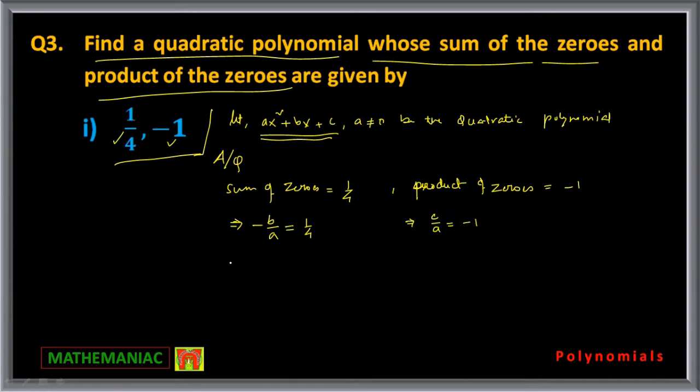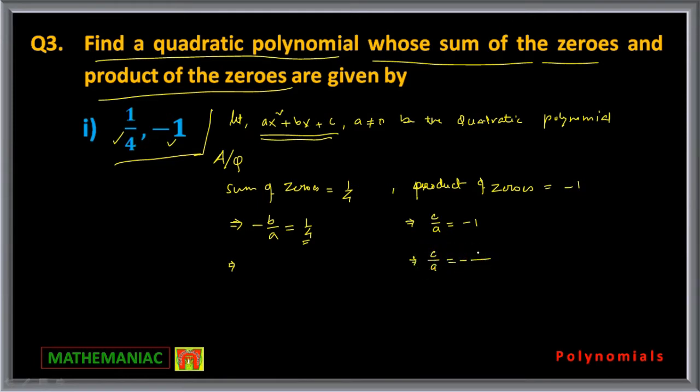Now just try to recall how we found the values of a and b by comparing these relations. For that you just have to make both the denominators the same. Here this is 4, which corresponds to the value of a. Now can you make the denominator 4 here? So you can think about the equivalent fraction, right?